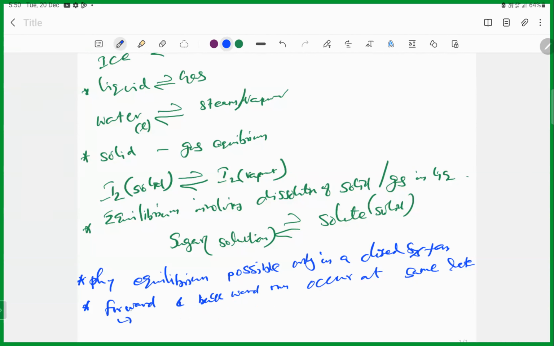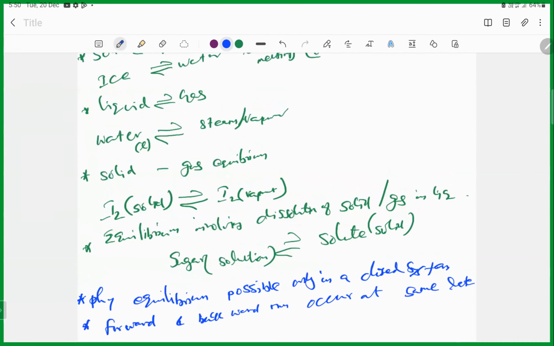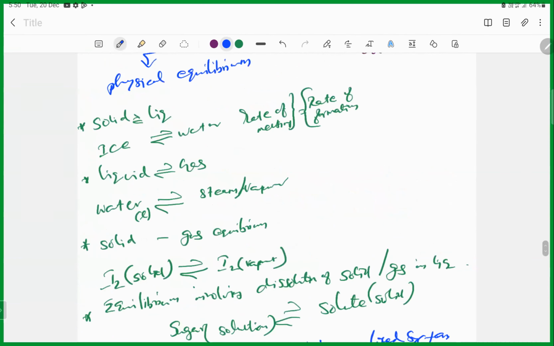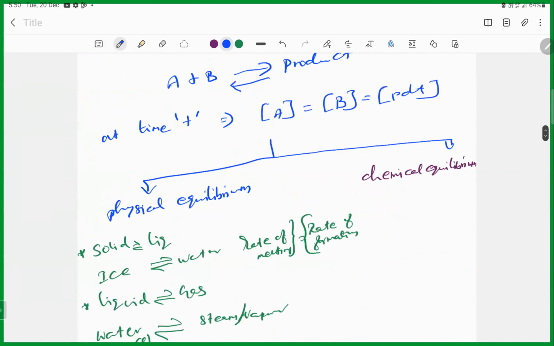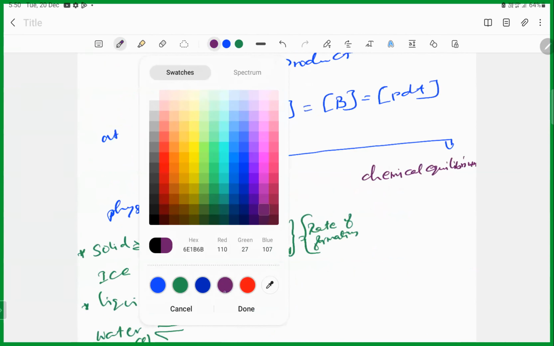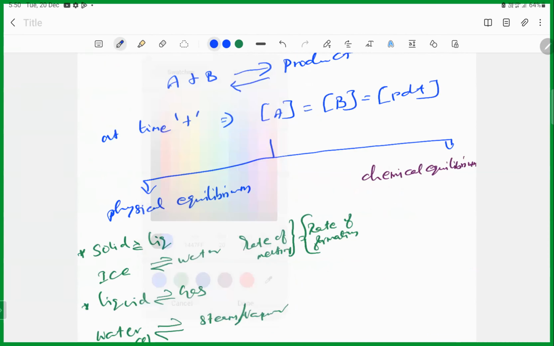Why is it called chemical equilibrium? We have to answer this question.